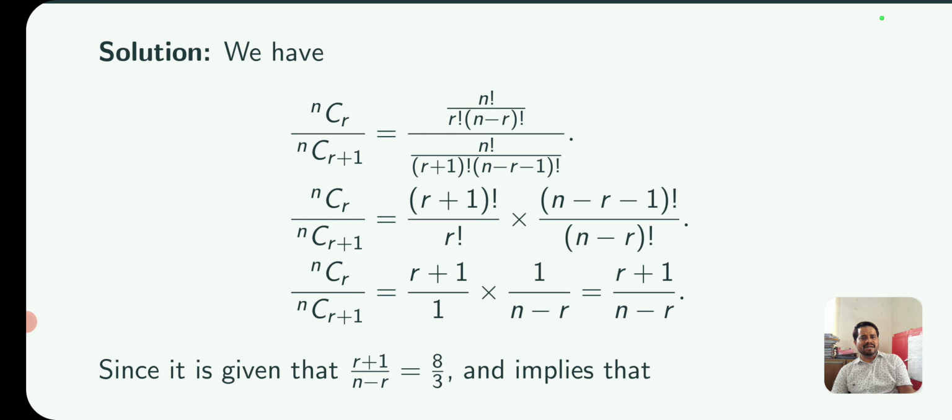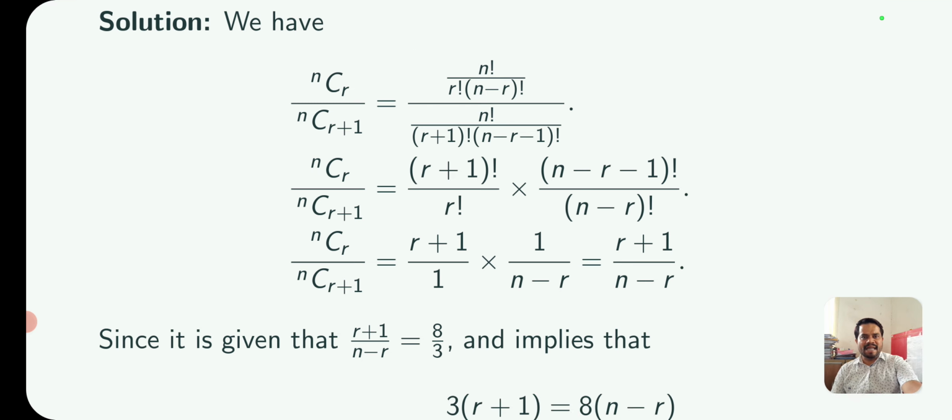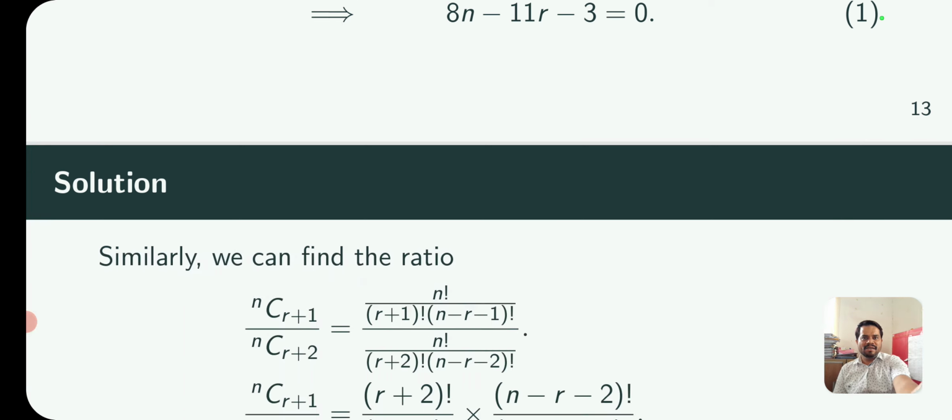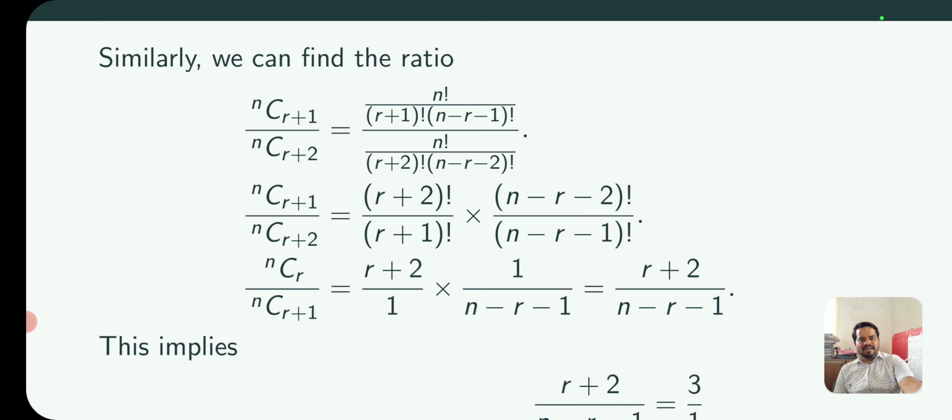That is the result. Now compare that result with the given ratio, which is 8 by 3. So this implies, on simplifying, we get the equation 8n minus 11r minus 3 is equal to 0. You can call this equation number 1. Similarly, you can find the ratio of nC(r plus 1) divided by nC(r plus 2).